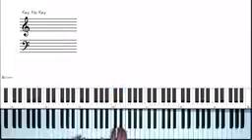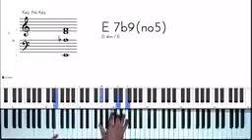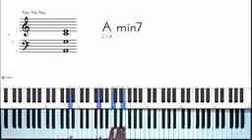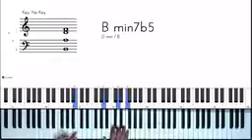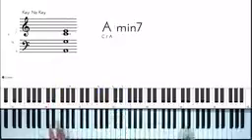Okay, so far we have 7, 3, 6, right? And actually, if we think even deeper, this progression that we just played is a 7-3-6 progression, which we actually use in many other songs.